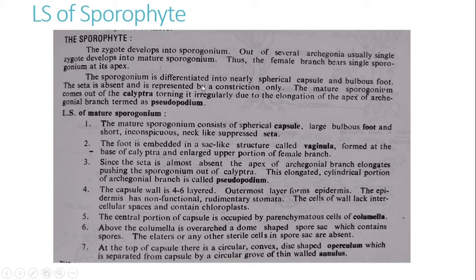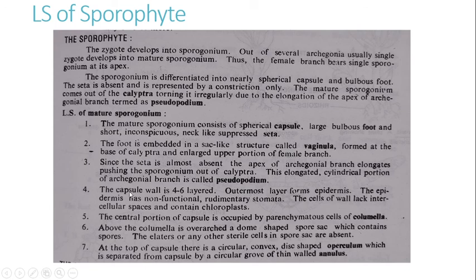We have discussed earlier all these points, and here are the few points regarding the structure of the mature sporogonium. If we cut the longitudinal section or LS of the sporogonium, then we can see that the spherical capsule is there, and the foot is embedded in the sac-like structure which is known as the vaginula, and the pseudopodium is present inside the mature sporophyte, and this pseudopodium is formed due to the elongation of the archegonial branch.